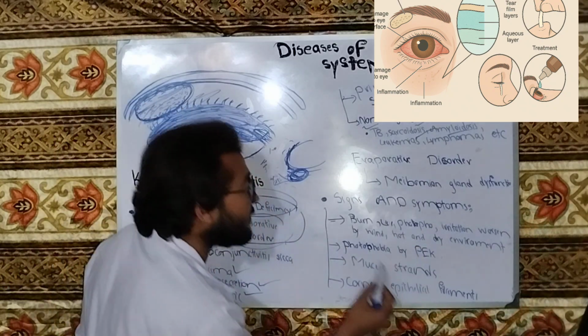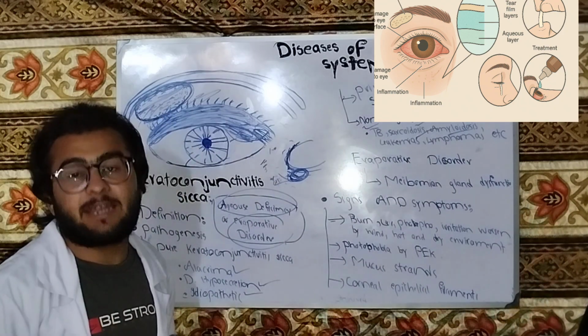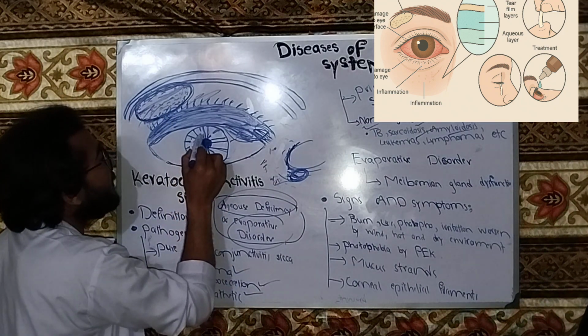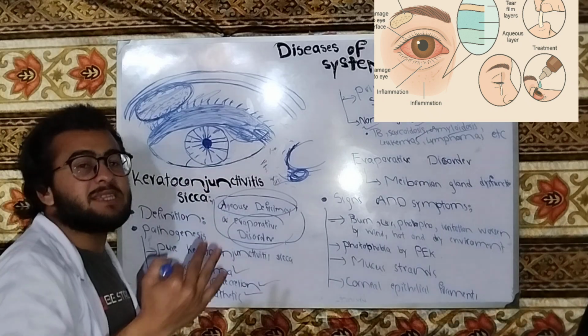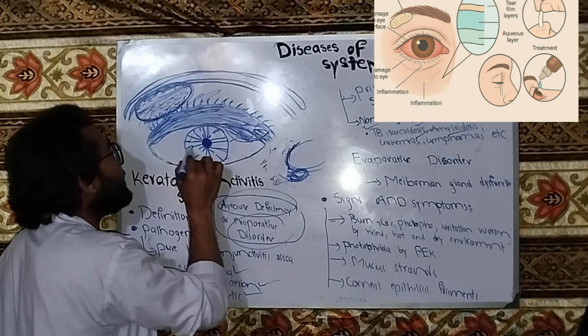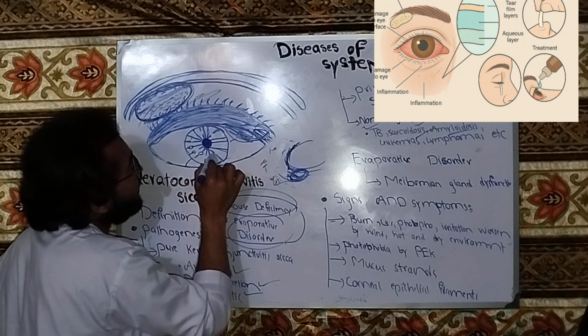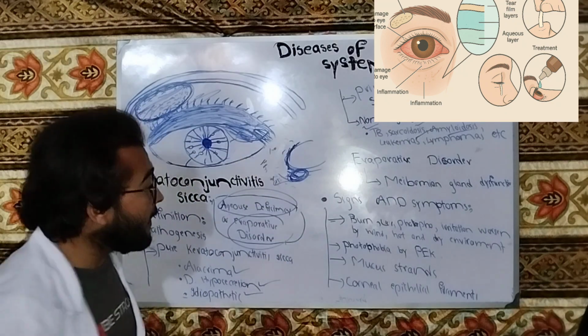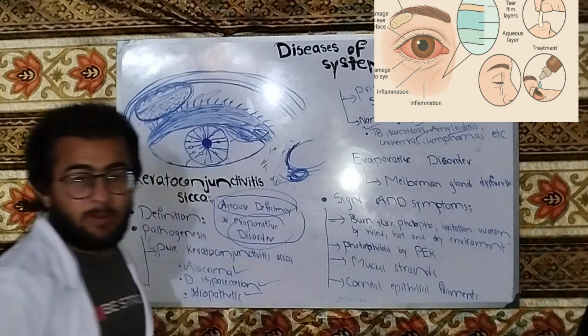The photophobia is caused by punctate epithelial keratopathy. Punctate epithelial keratopathy consists of dead and devitalized epithelial cells of the cornea, and these are due to the unstable tear film. And mucus strands will be formed.